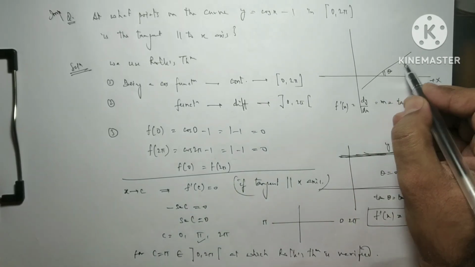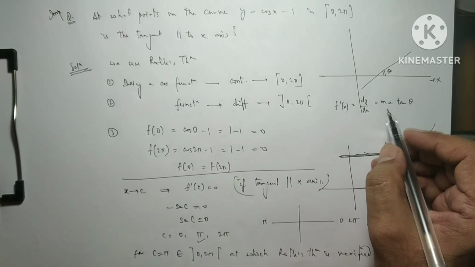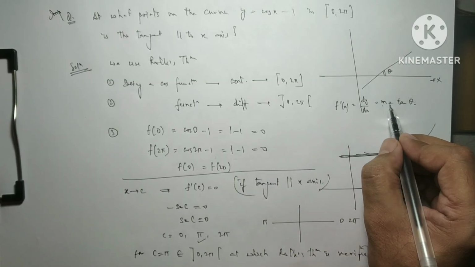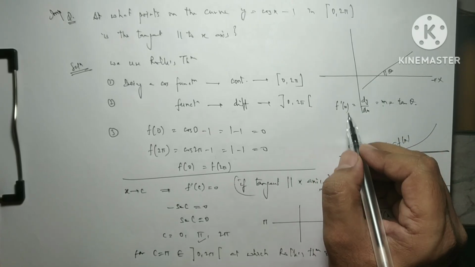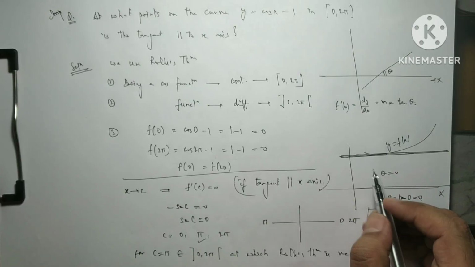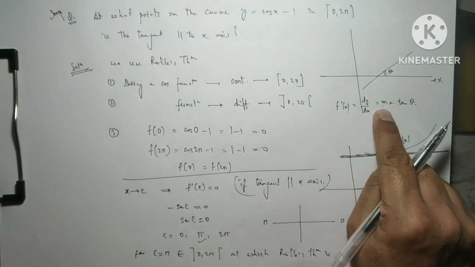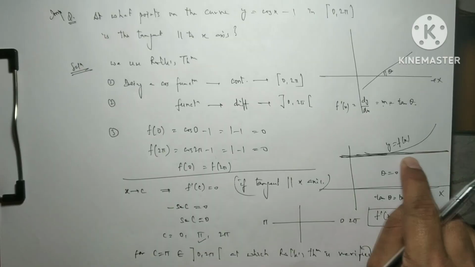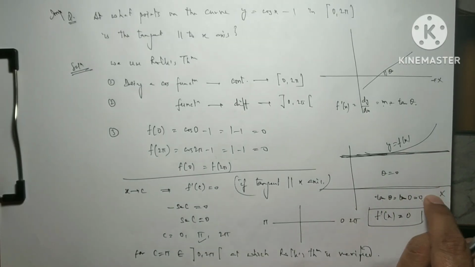If you have any line which makes angle theta with the positive x-axis, then the slope will be tan theta, that is dy by dx, or you can say the first derivative. So if we have a curve and a tangent, the slope is with respect to the positive x-axis.